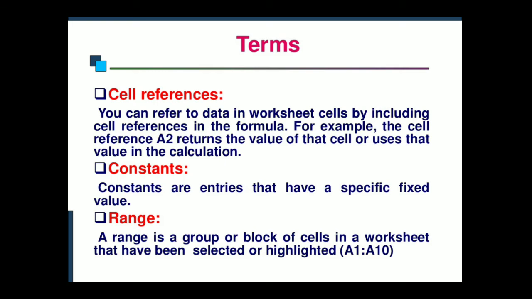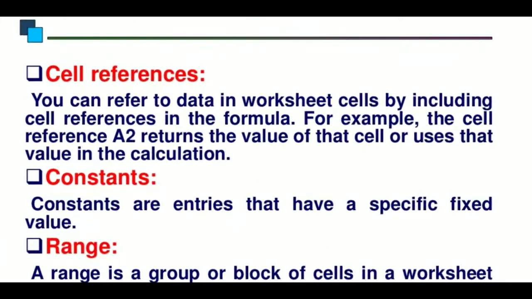You can refer to data in worksheet cells by including cell references in the formula. The values used to reference any cell are called a cell reference, or we can say a cell address. Each and every cell has an address in MS Excel, and that is called a cell reference.